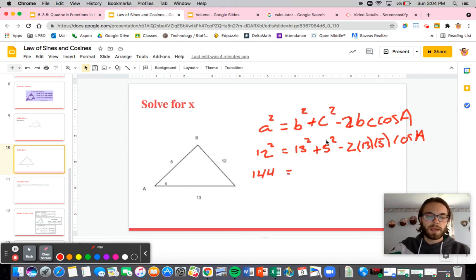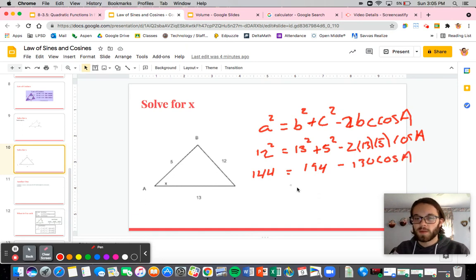That would be 169 plus 25 is 194 minus 13 times 5 is 65 times 2, 130 cosine of A. I'm going to subtract that. Negative 50. And again, you might be kind of spooked out as to why we're having a negative here, but it's okay because that part's negative. Negative 130 cosine A. Divide by the negative 130, I get 50 over 130 is equal to cosine A.